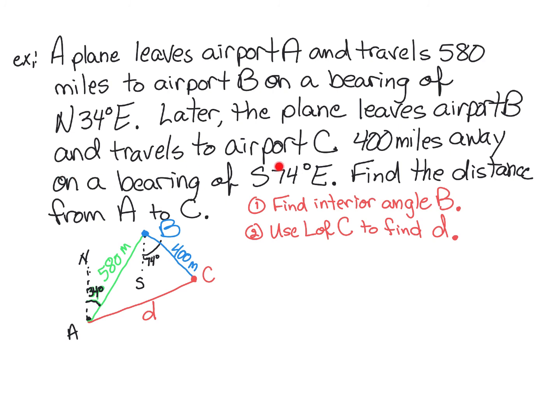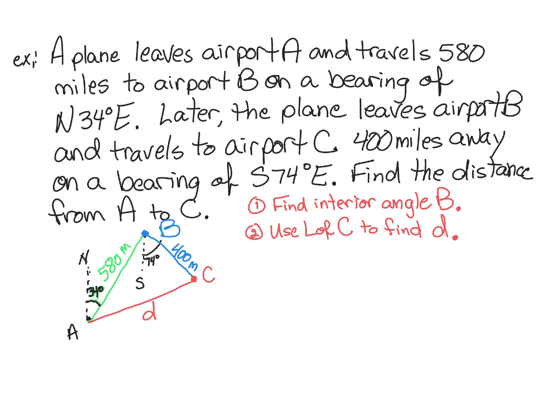Later, it leaves airport B and goes to C, which is at a bearing of south, rotated toward the east 74, all right? So that direction, and it's going to go 400 miles. So we have this length, and we want to find this distance from A to C. We can't do this unless we have interior angles, right?